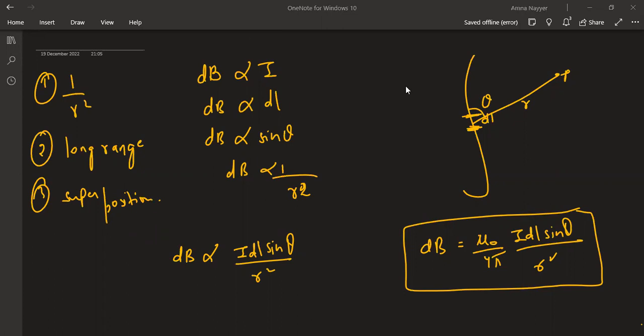Then the second point of difference you can analyze is that the direction of the electrostatic field is along the displacement vector joining the source and the field point. And then lastly, you can say here an angle is there. In Coulomb's law, that is not dependent on angle. So these are points of similarity and some points of differences.